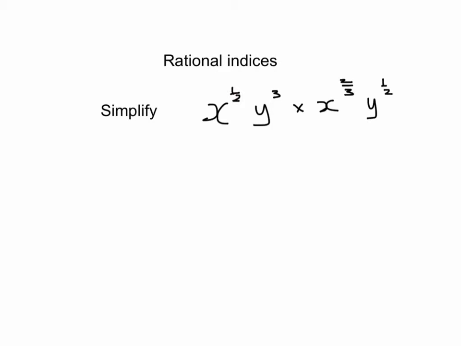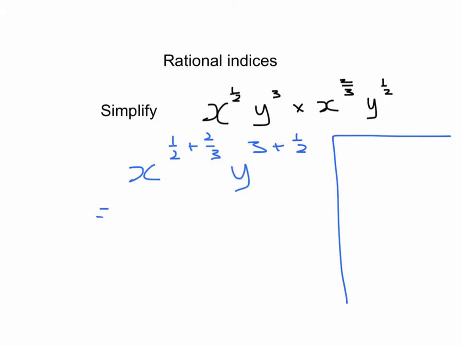Okay, so the same index laws still apply to rational indices. The first law, which would be to multiply, would be to add the indices. So I'd have x to the power of half plus 2/3 and y to the power of 3 plus a half. Okay, so this is where you need to practice your fractions.